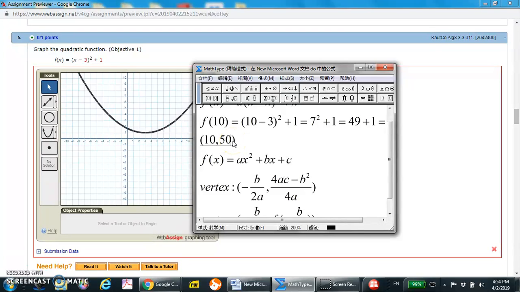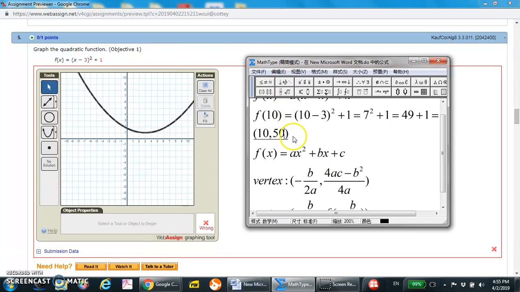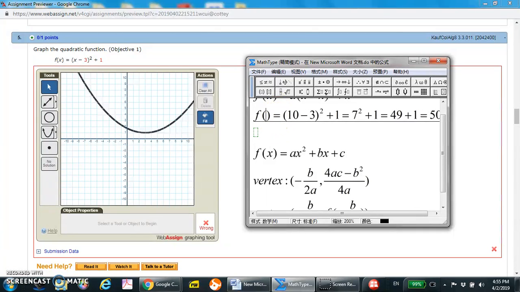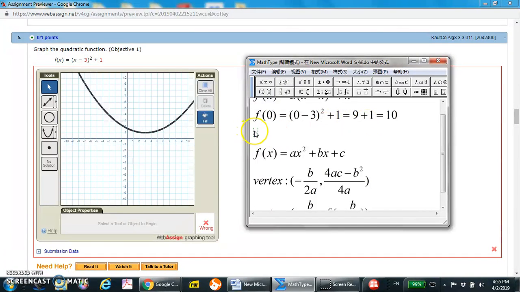Because right now the y is over positive 10, that's why it says the result is wrong. So we have to be careful when we choose the number, because we want the output and the input to be within this range. So let's say I use a smaller number. Let's say I'm using 0. If x is 0, then y is gonna be negative 3 squared, so that's positive 9 plus 1, so it's 10. So if I use 0 as x, then y is gonna be 10.